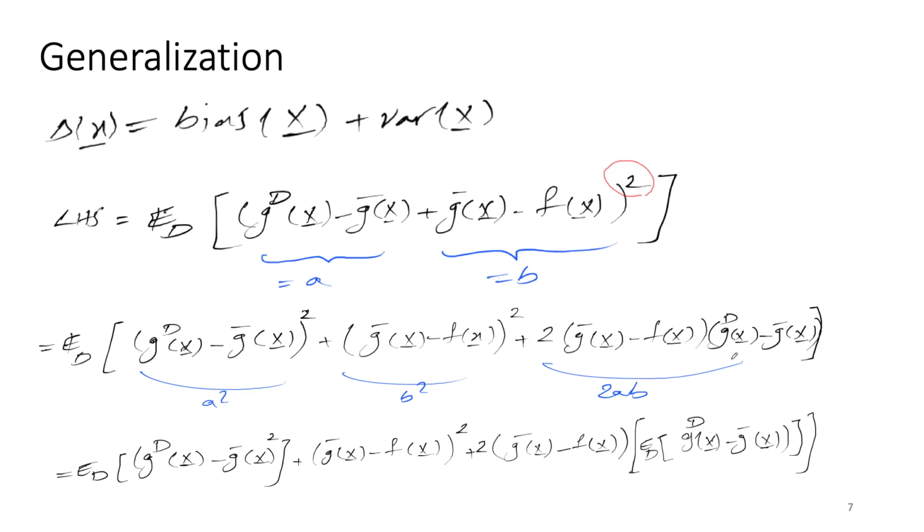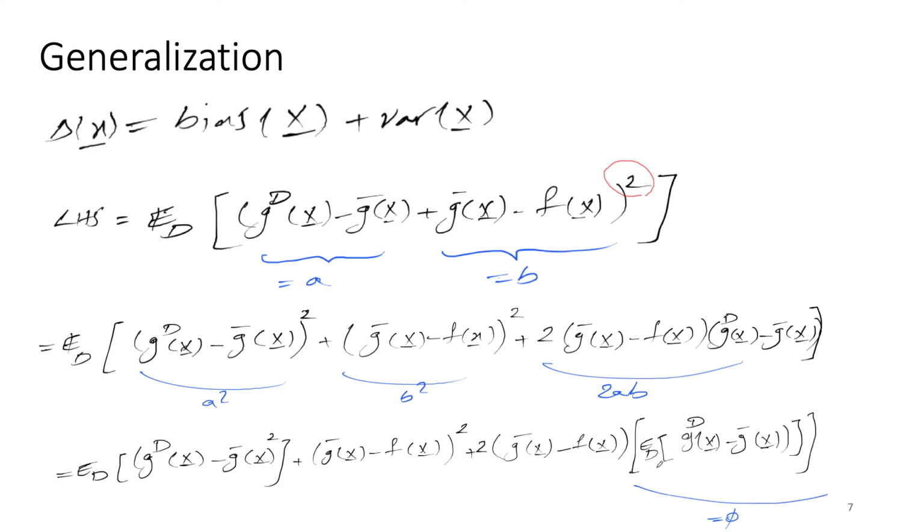All right, so we carry on. This becomes E_D of gD(x) minus g bar(x), plus this value raised to 2. And then this coming out, 2 times g bar(x) minus f(x), multiplied by the expected value over D of gD(x) minus g bar(x).